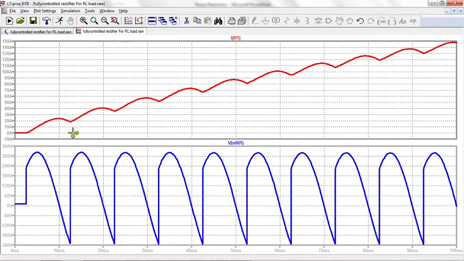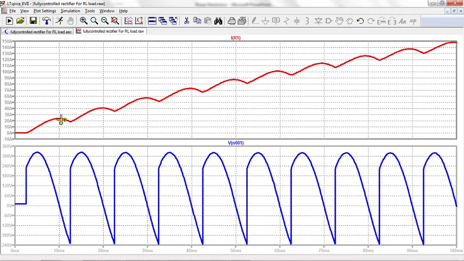So again, the load current is slowly increasing. That's the reason at 180 degrees, even though the load voltage is zero, the load current is not zero. So your T1 and T2 continue to conduct.